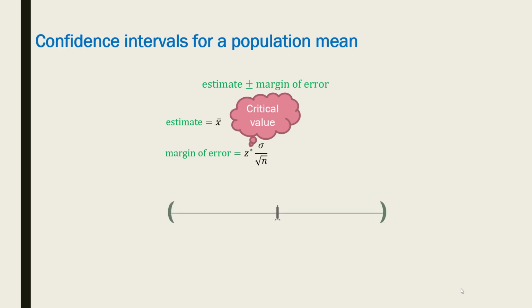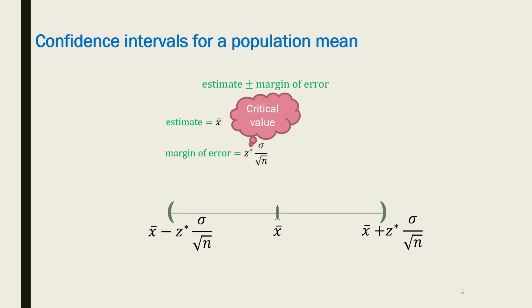Yes, this is the confidence interval. You see we have a middle point, lower bound and upper bound. So, middle point is the x bar. Middle point is the sample average, sample mean. Then, you can get the lower limit x bar minus z star sigma over root n and upper bound x bar plus z star sigma over root n.